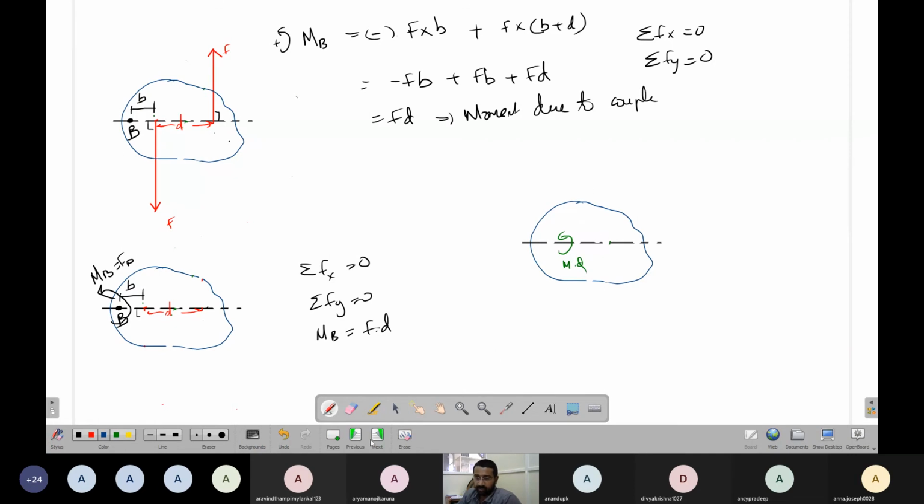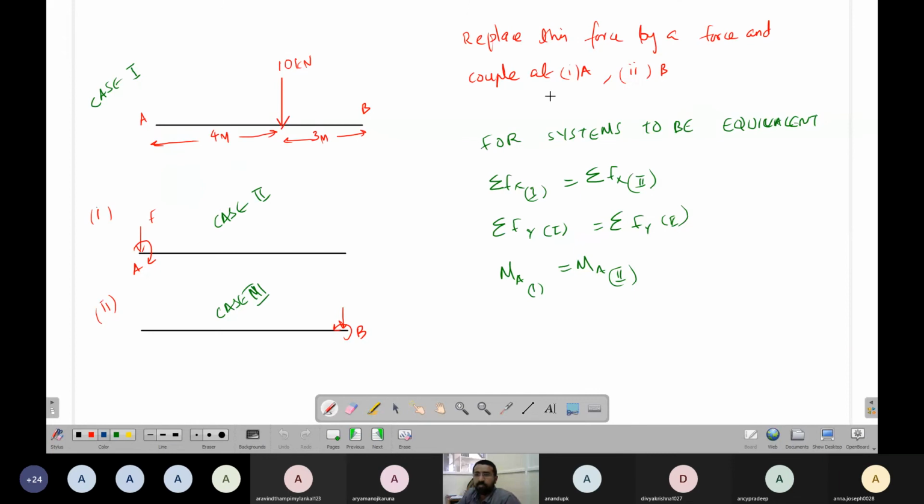Now we have seen how to replace a set of forces with a single force, or replace a force to another location, that is, force transfer. We want to transfer this force to A. How do you do that?